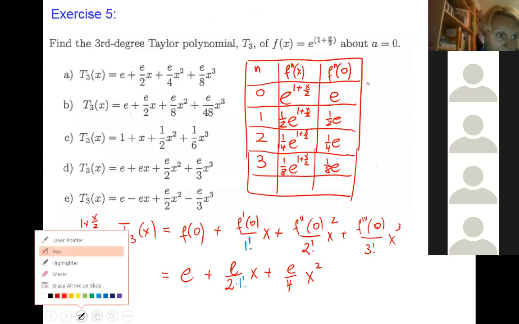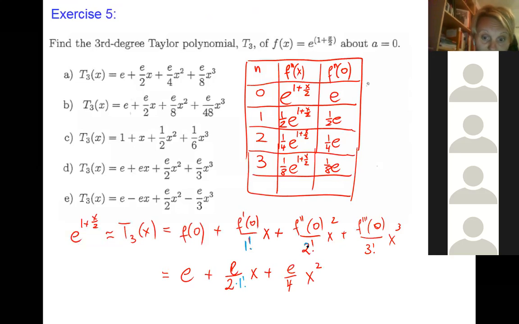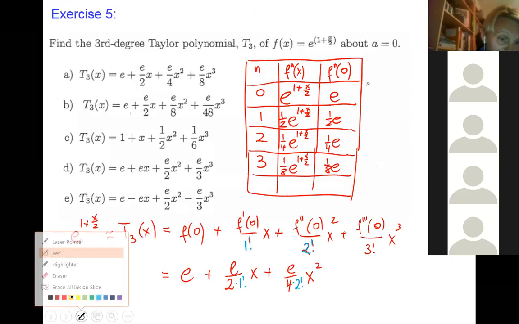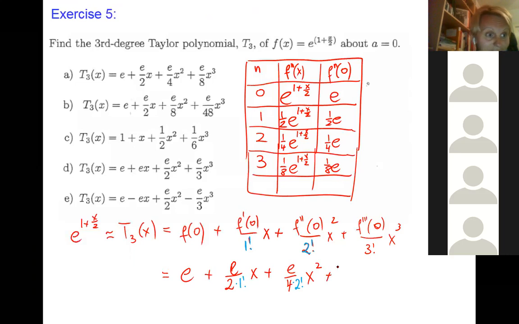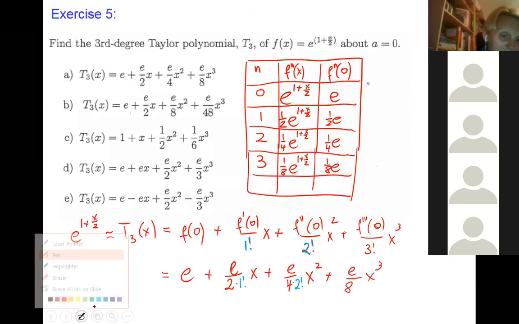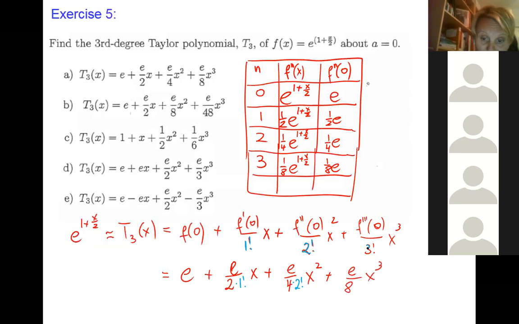But what I also had in my formula is 2 factorial. Please remember these factorials. And the third derivative is e over 8, correct. But I also had part of the main formula, 3 factorial. That means now we can find the correct coefficients.